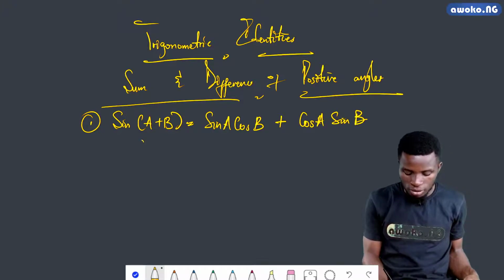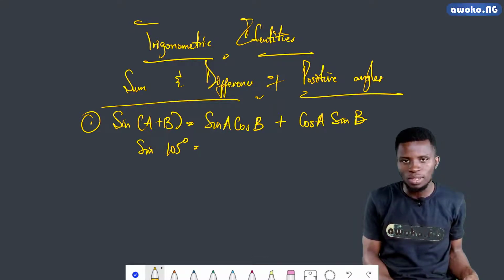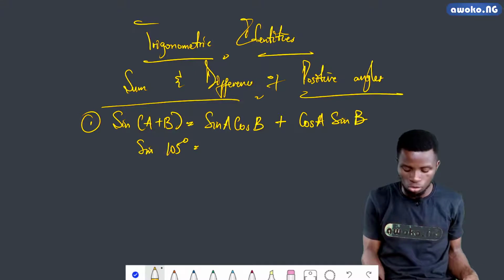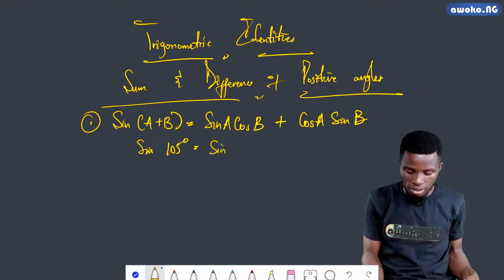So if I have sine 105 degrees, if I want to solve sine 105 degrees without using table or whatsoever, what I'll just have to do is to split 105 into 2. And you agree with me that 105 is 60 plus 45 degrees.